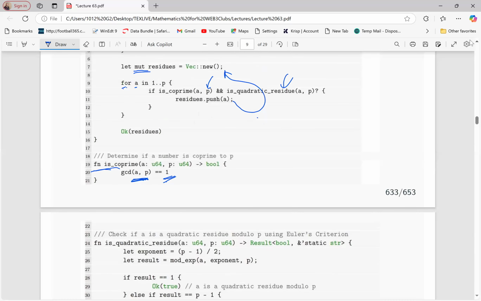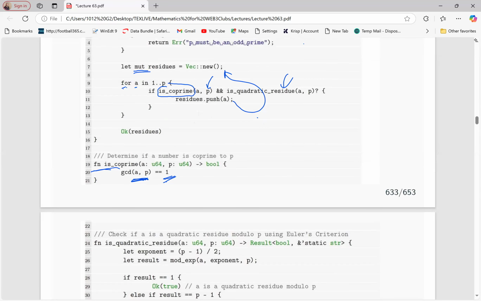So you can see this function here is coprime. Then we have this function, is quadratic residue. That function is here. So this one is just picking those elements from these functions.